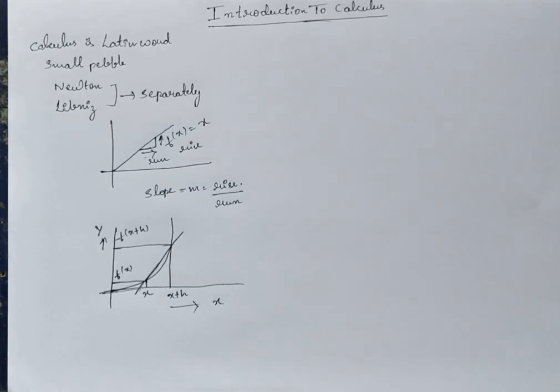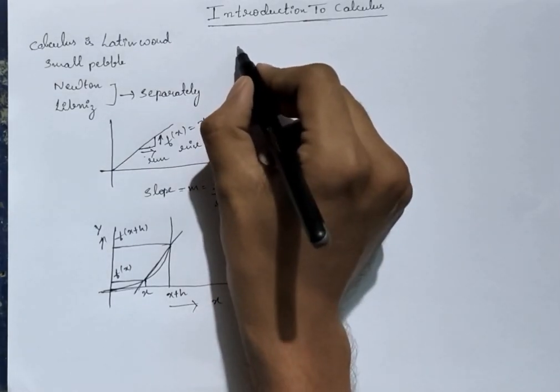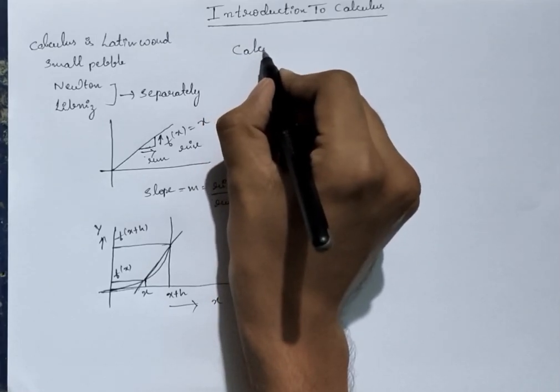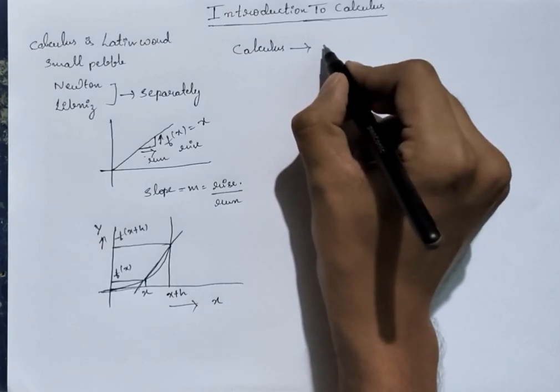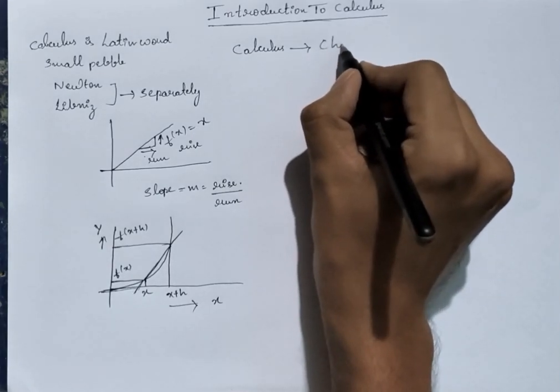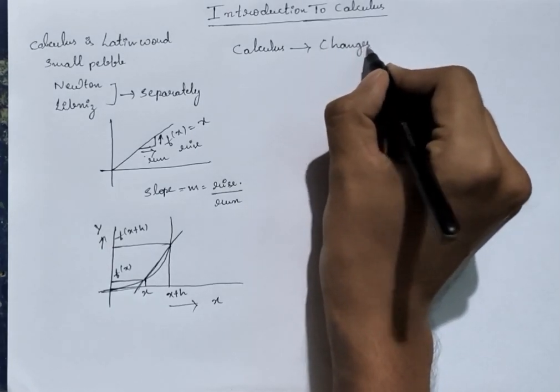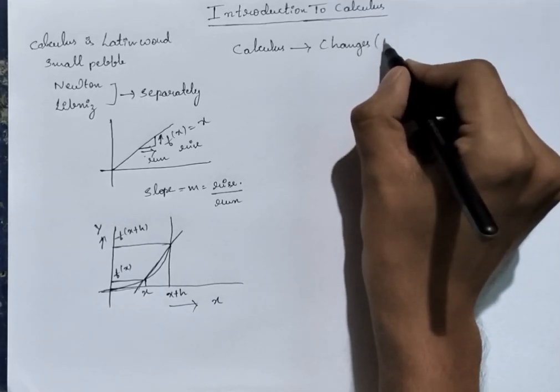Geometry deals with the study of shapes, and probability is a branch of math which deals with the study of chances. Calculus deals with the study of changes, or rate of change.